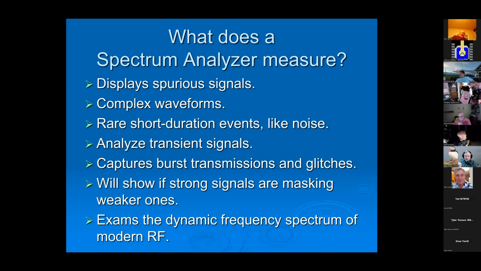It can show if a strong signal is masked by a weak signal. It can help examine things that have huge dynamic ranges, so you can capture things that have a large spectrum, a large footprint, and then take it apart piece by piece. Pretty cool.